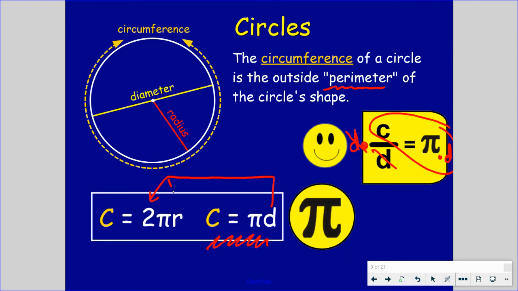Well, remember, a diameter is the same as twice the radius. Now, I don't know why they don't write twice the radius times pi, but after all, multiplication is commutative. You can change the order and still have the same quantity. So you may use either of these formulas, but I think what you'll find I'll use most often is twice pi times its radius.